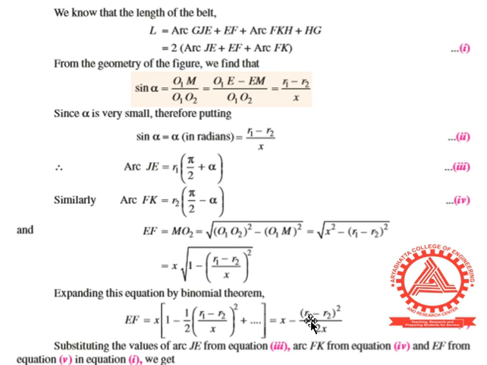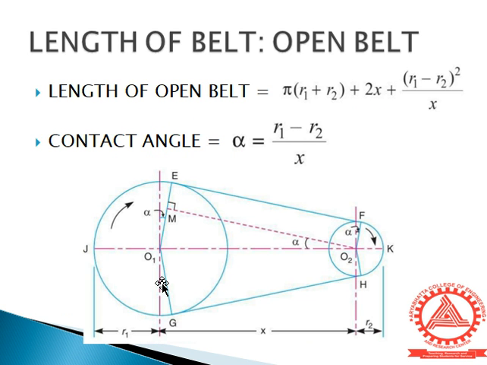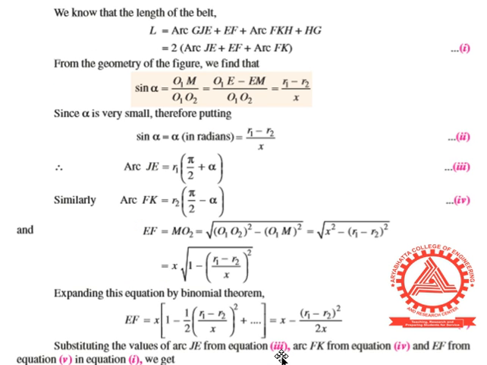Now this is a simple mathematical calculation where the total length of belt will be the arc GJE, plus the length E to F, plus the arc FKH, plus the length H to G. The arc GJE is twice the arc JE, because from the center, JE is half of GJE.